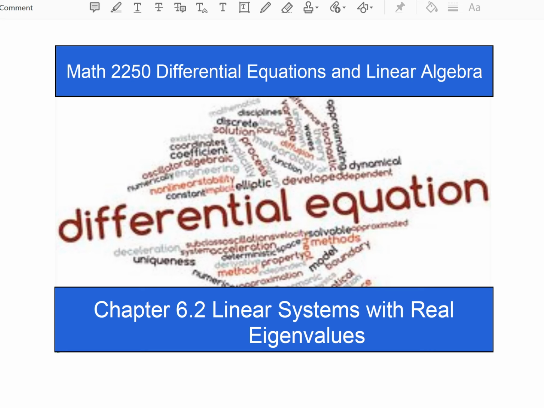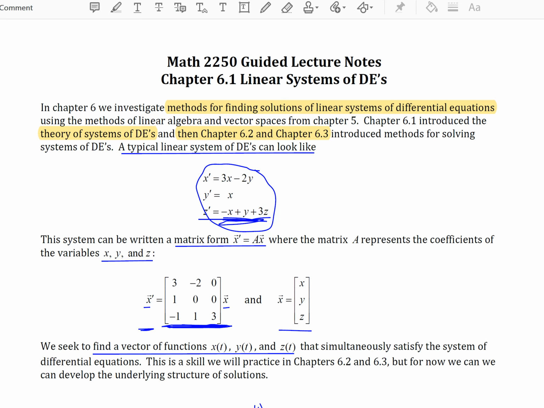In this video, we are going to be going through Chapter 6.2 and looking at linear systems with real eigenvalues. In our last video, we were introduced to systems of differential equations and how we could rewrite these linear systems in a matrix form.